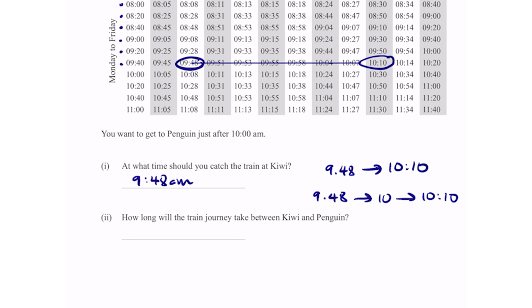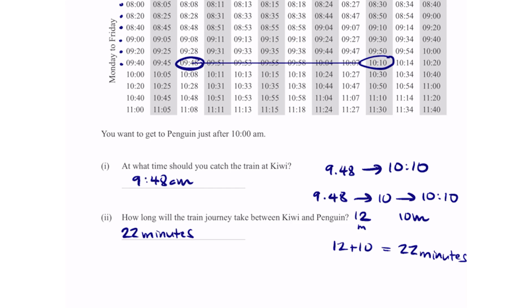So how many minutes in between 9:48 to 10? Well, that should be 12 minutes, right? Because there's 60 minutes in an hour. So 12 minutes there, and then from 10 to 10:10, there's just 10 minutes. So 12 plus 10 is equal to 22 minutes. Okay, so it should take 22 minutes to go from Kiwi to Penguin.